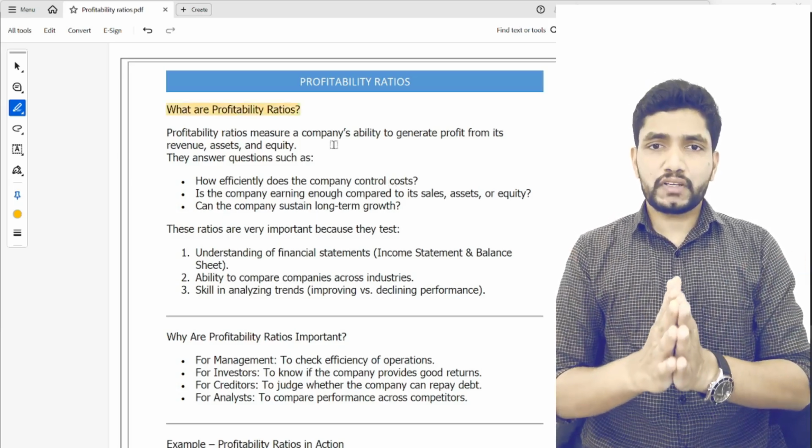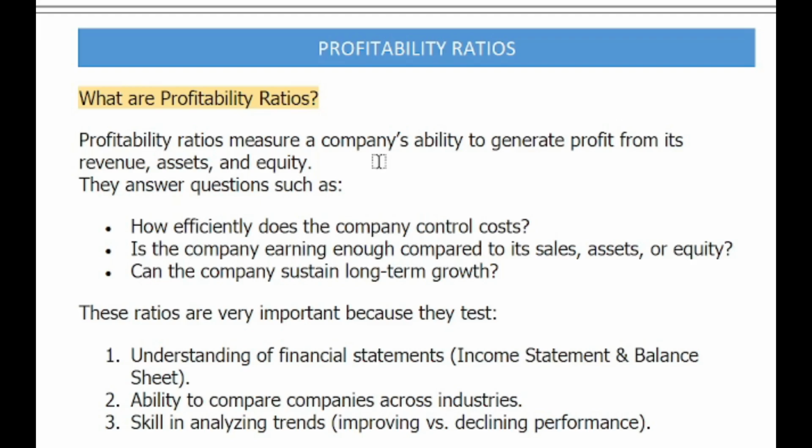So what are profitability ratios? They measure a company's ability to generate profit from its revenue, assets and equity. The company already has some assets or revenue. So profitability ratios measure the ability of a company to generate profit from its assets, its sales, its revenue, its equity.